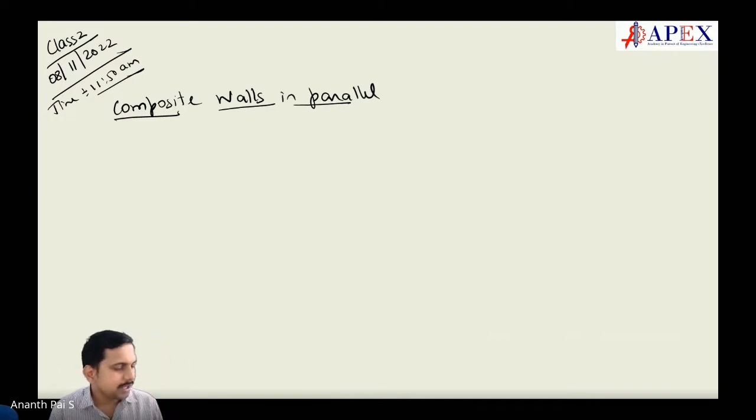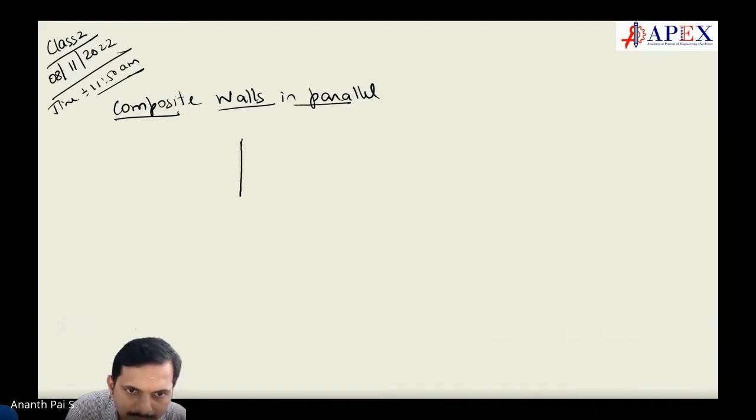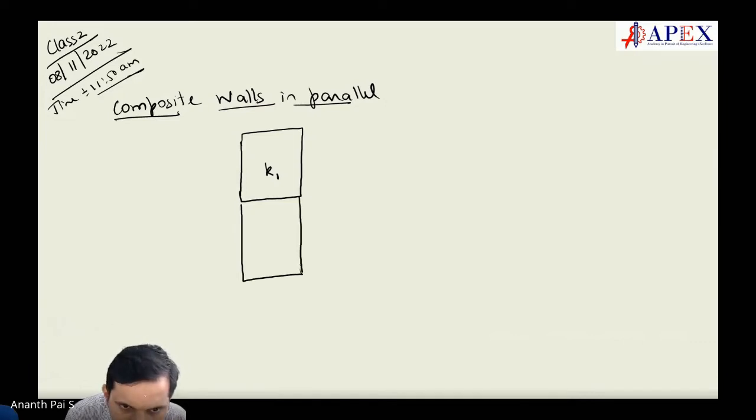If the composite walls are in parallel, you have one wall here with conductivity K1, and another wall here with a different conductivity K2. This side temperature is T1, and the heat transfer happens from here to T2.